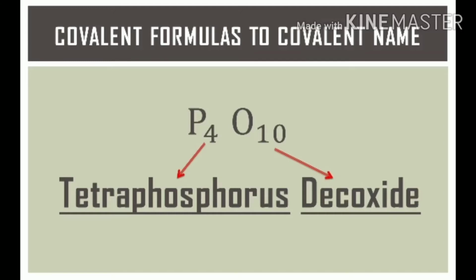So we're going to eliminate the A in deca, and we're going to use the O in oxygen. So it's going to be decoxide. So P4O10 is tetraphosphorus decoxide. Again, P4O10 is tetraphosphorus decoxide.